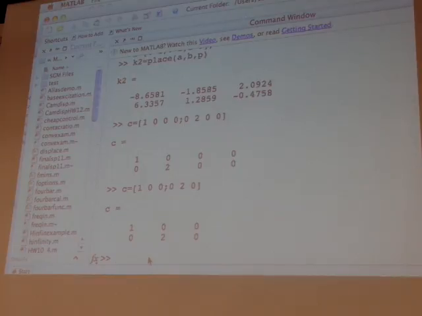And again, acker can't handle this, right? But place can. So our controller is going to be exactly the same. This is going to affect the observer.